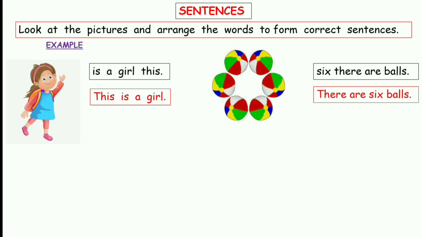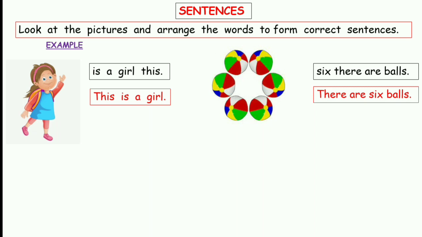Well, this is what I have written. There are 6 balls. As I told you earlier, the word there begins with a capital T. It's the beginning of a sentence. And after balls, I have put a full stop because the sentence ends there.